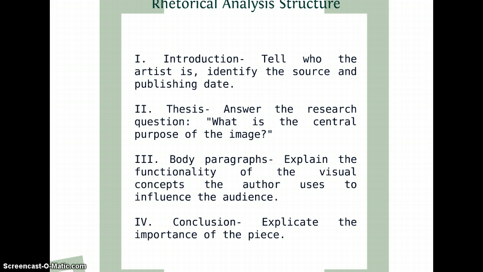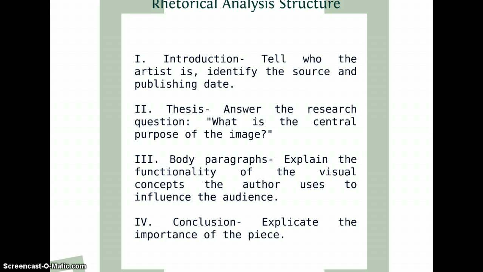Again, beginning with the context, the author, where it was published, who published it, when was it published, who could be the targeted audience. And then look at all those other little pieces, as I had mentioned: the subject, the objects, the setting, the focus, the alignment, the texture, all those pieces, and understand how those pieces work within that larger image.